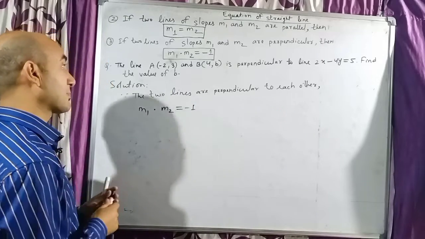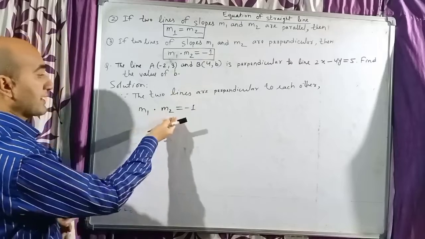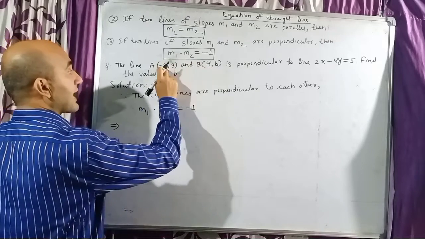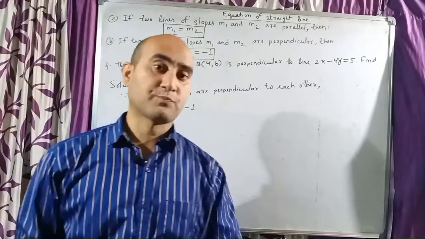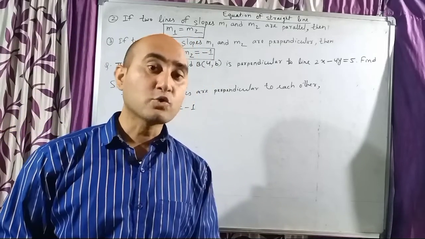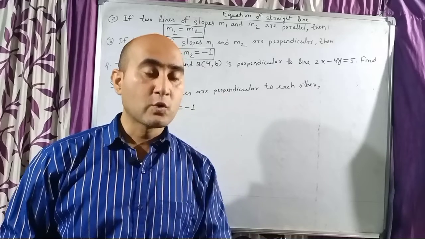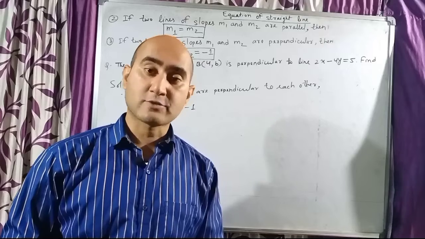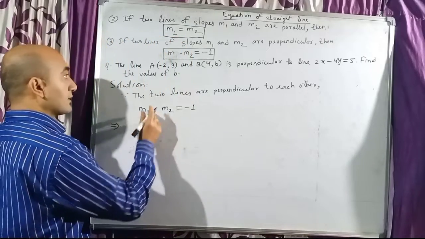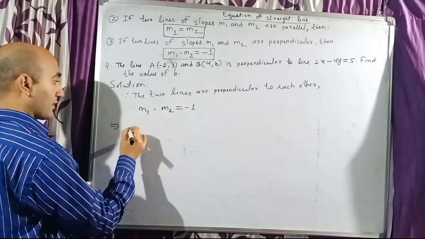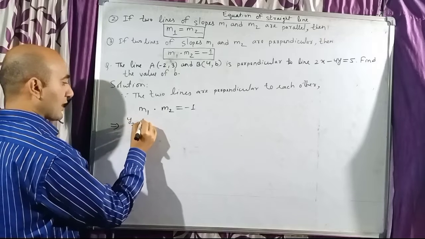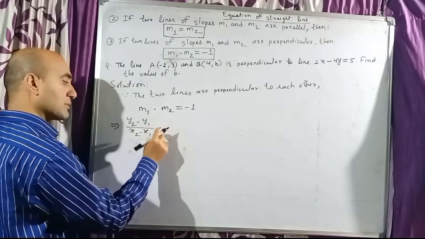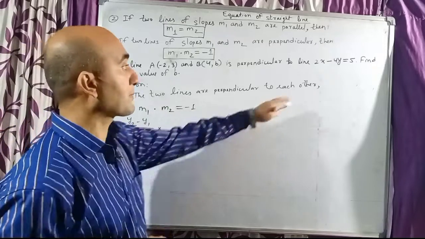When two coordinates are given, in the previous video we learned how to find slope, using the formula (y2 minus y1) by (x2 minus x1). So here for the first line AB, slope m1 we will find using (y2 minus y1) by (x2 minus x1), into, dot means into, m2 means slope of the second line.